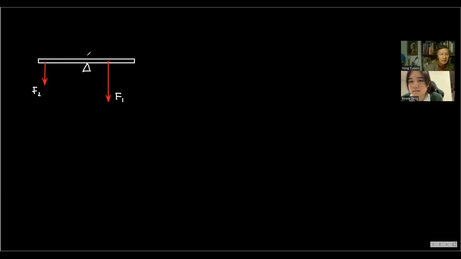Now, in order to keep the balance, consider this example. This distance is R1. Say R1 is equal to 1 meter, and R2 is equal to 1.5 meters. If F1 is equal to 15 newtons and this is balanced, what would F2 be?